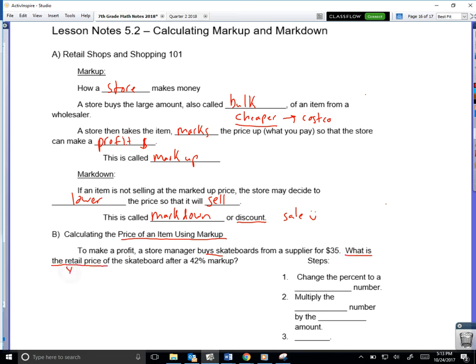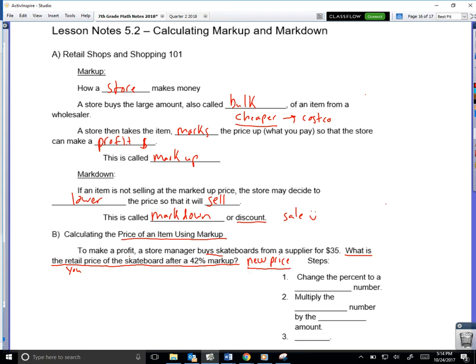That's the price that you're going to pay, of the skateboard after a 42% markup. So we're trying to find the new amount, and we're going to use the same exact steps that we just did in 5.1c, because in 5.1c we were also trying to find the new amount, the new price.